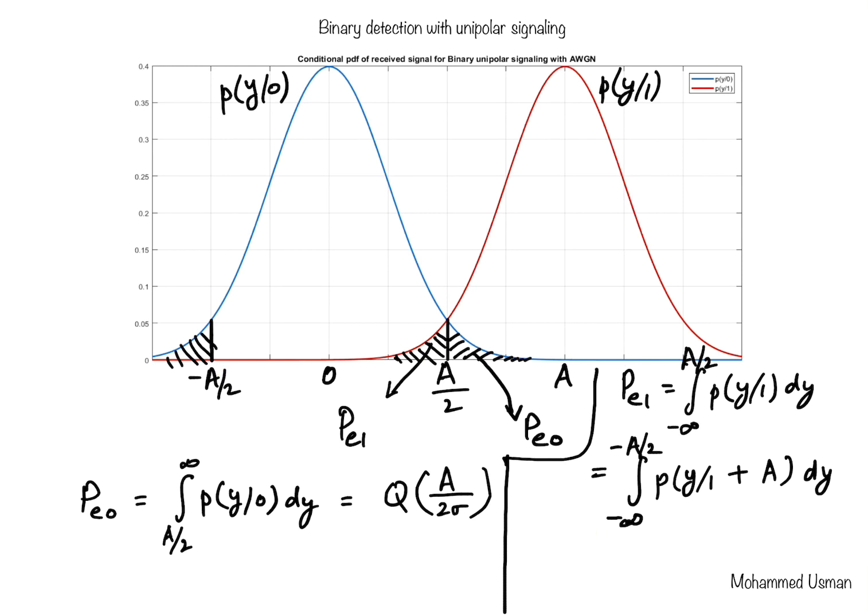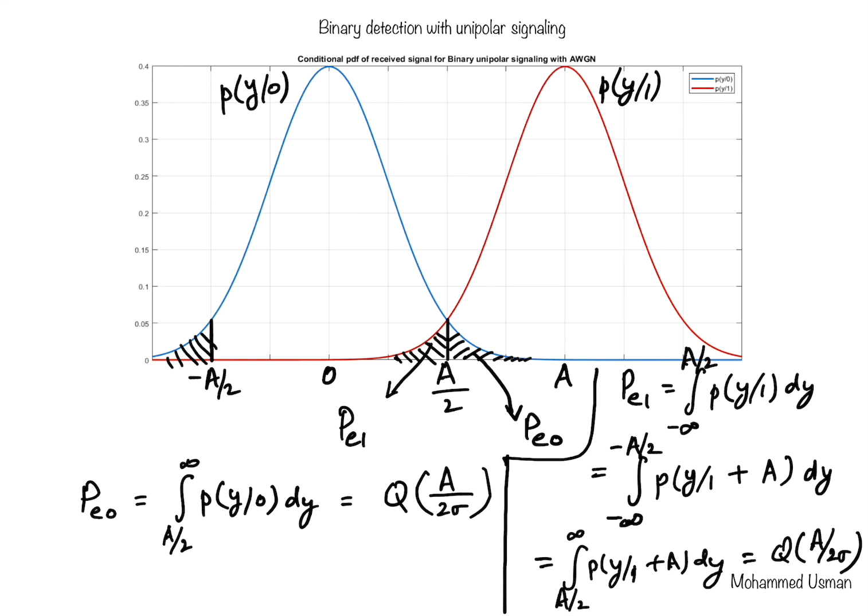So we can now swap the limits of the integration. So that will become equal to the integral from a by 2 to infinity of p of y given 1 plus a dy, which is also equal to Q of a by 2 sigma.